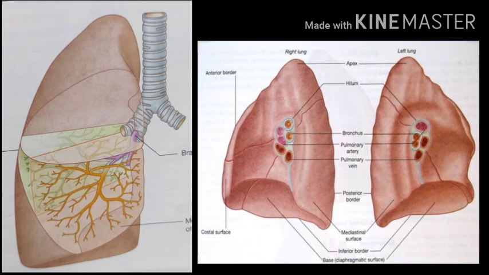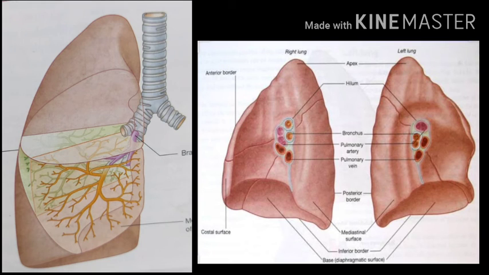Each lung has a half cone shape with a base, an apex, two surfaces and three borders. The base of the lung sits on the diaphragm. The apex projects above rib one and into the root of the neck.